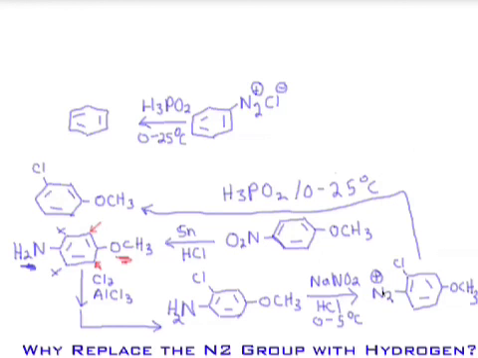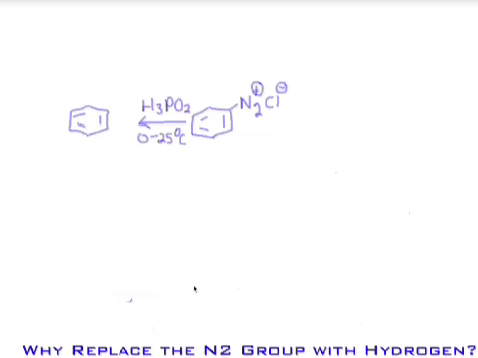So it is possible to use the NH2 group of aniline as a director and then remove it. And that can be useful in reactions. So this top reaction is indeed very useful, although at first glance it might seem that it is not.